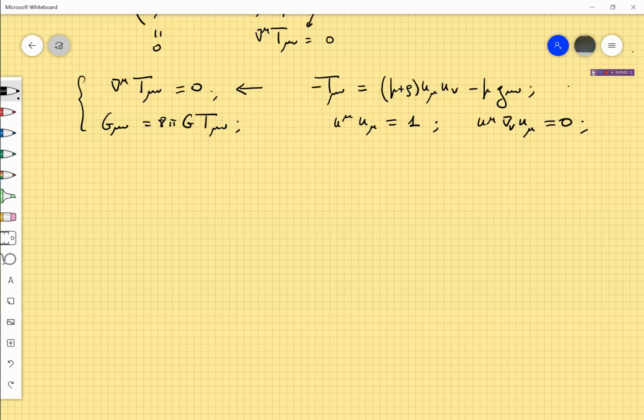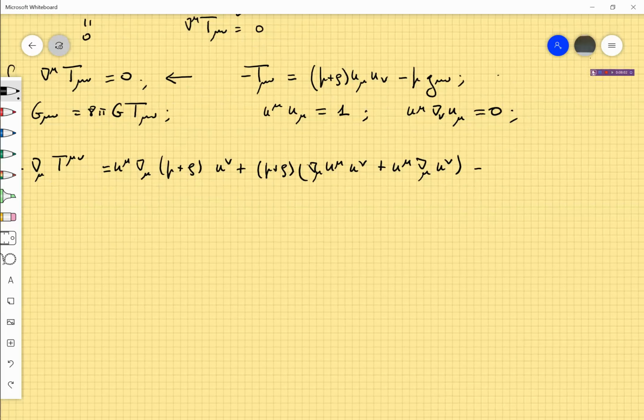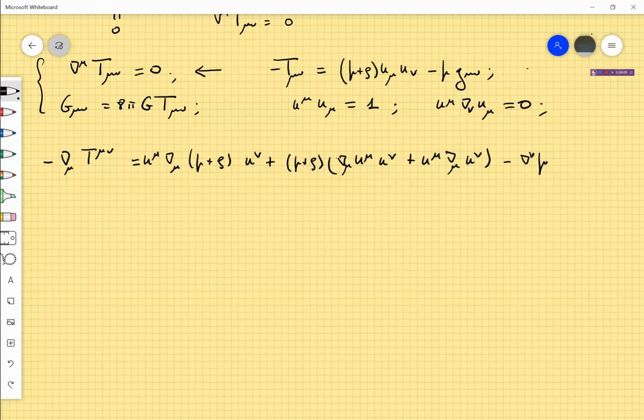So if I now take the divergence, I think in the lecture notes I do it the other way around, with the indices up, I have first P plus rho, this is projected with u mu and then u nu, plus P plus rho, the divergence of u mu times u nu, plus u mu u nu, and then minus nabla nu P, because the metric is covariantly constant.